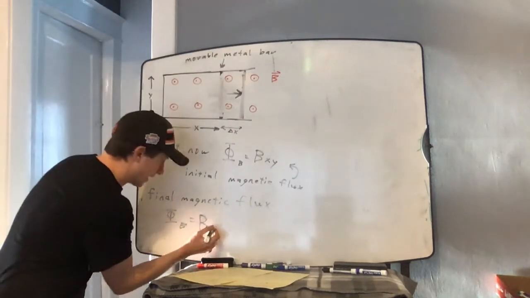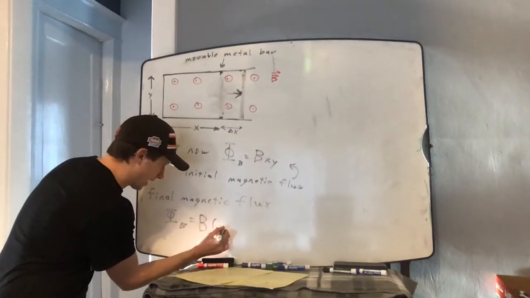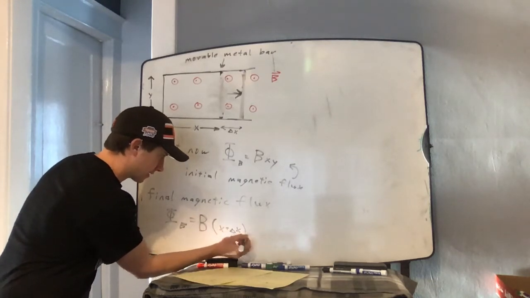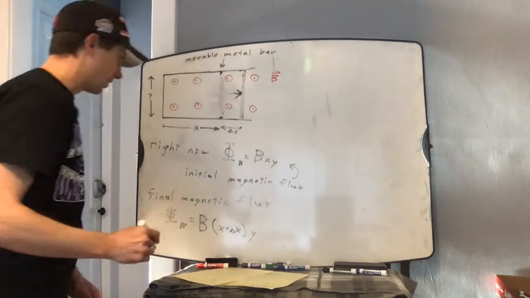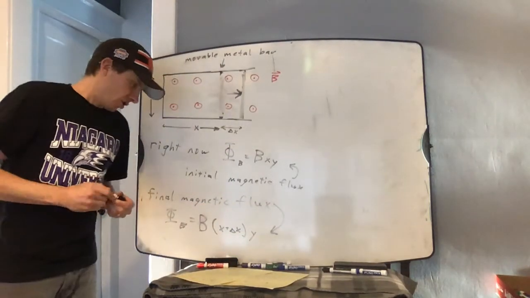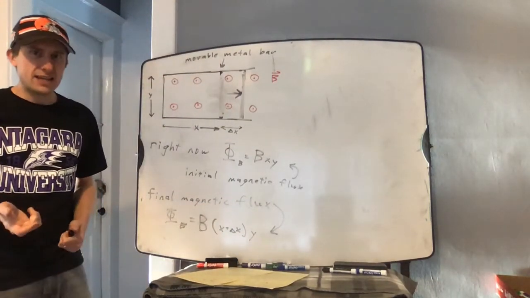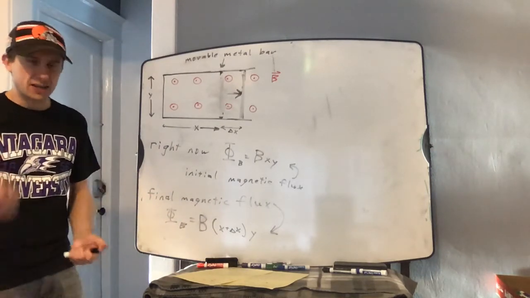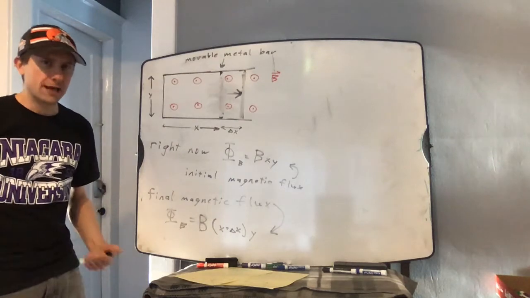So I could write that as B times x plus delta x times y. So I could say that in some amount of time, delta t, the magnetic flux went from an initial value to a final value.